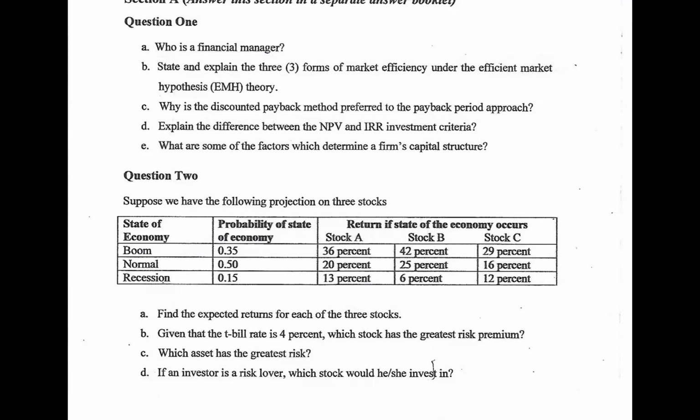So a financial manager, the definition for a financial manager can be extracted from the roles that are performed by the financial manager. So what are some of the key roles that the financial manager performs? What did we say? What are some of the roles? Do you remember any?